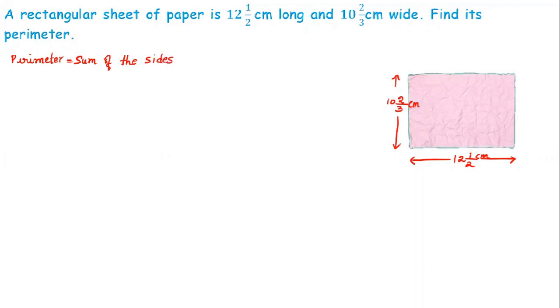A rectangle has 4 sides, 1, 2, 3, 4: 2 lengths and 2 breadths. Opposite sides of the rectangle are equal. If this is 12.5 centimeter, this is also 12.5 centimeter. If the breadth is 10 2/3 centimeter, this is also 10 2/3 centimeter.